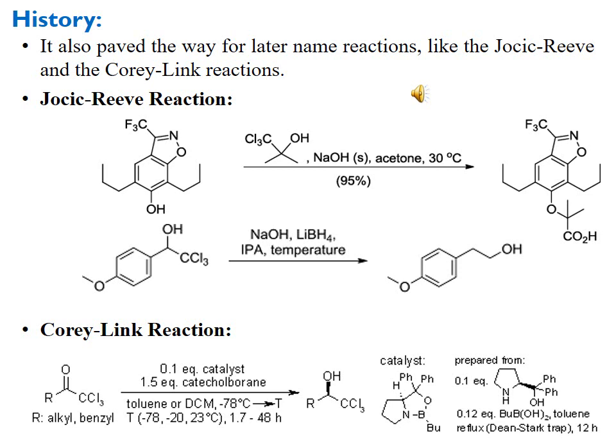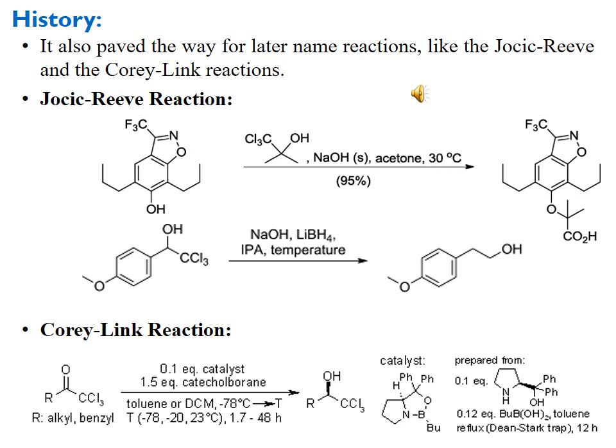The two most famous reactions based on this original reaction of Bargellini are the Jocic-Reeve reaction and the Corey-Link reaction. Here is some overview of the Jocic-Reeve reaction, which also uses phenol to convert it into a carboxylic acid, and the Corey-Link has the same pathway, the conversion of an alcohol into a carboxylic acid.